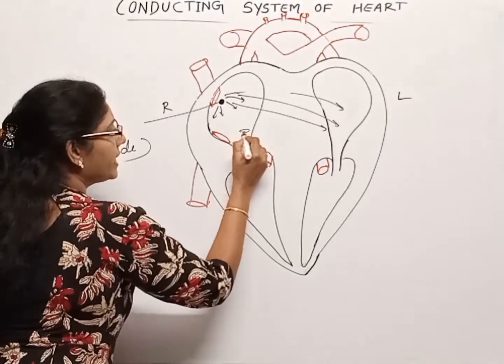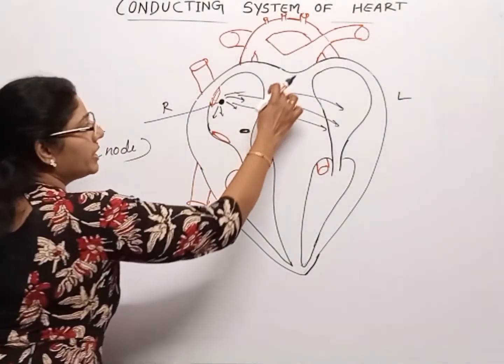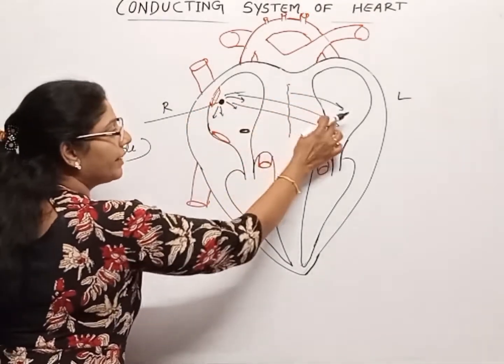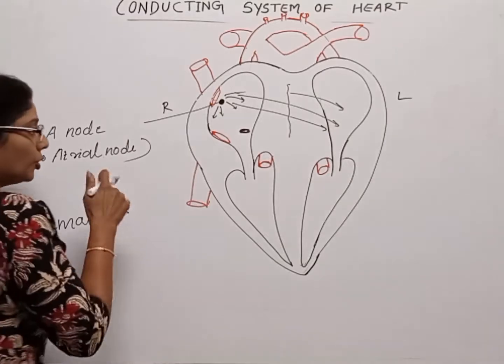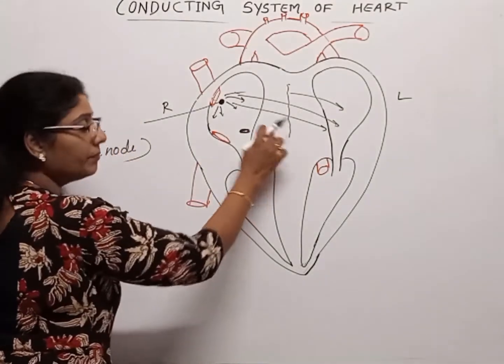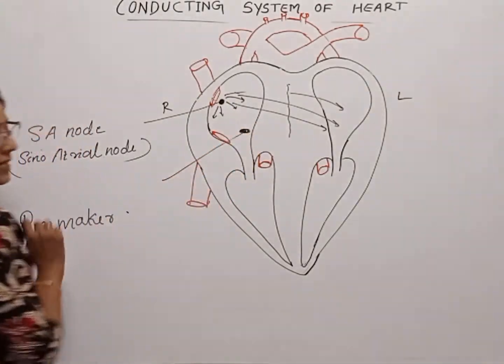It is located here, in the right atrium only, near the interatrial septum we studied. At the base of the interatrial septum, on the right atrium, another tissue is present.